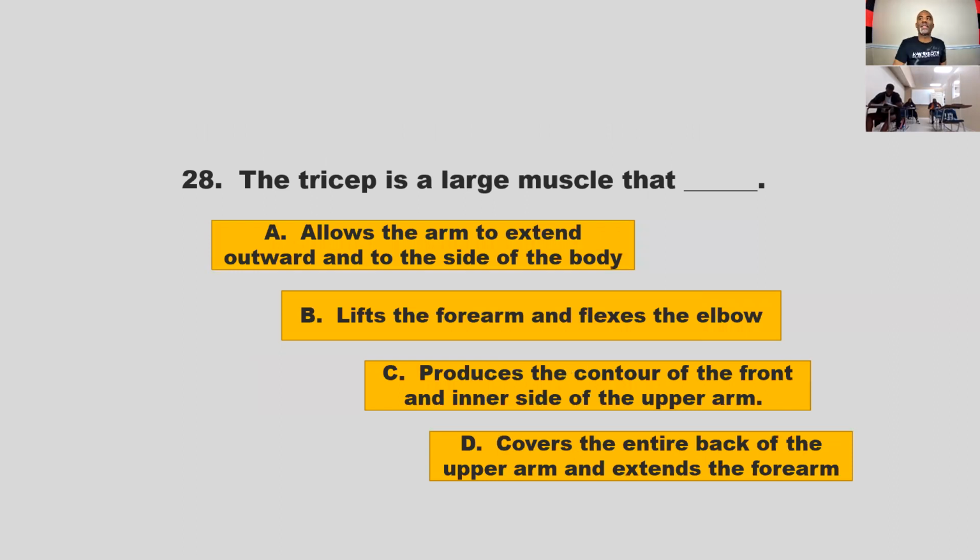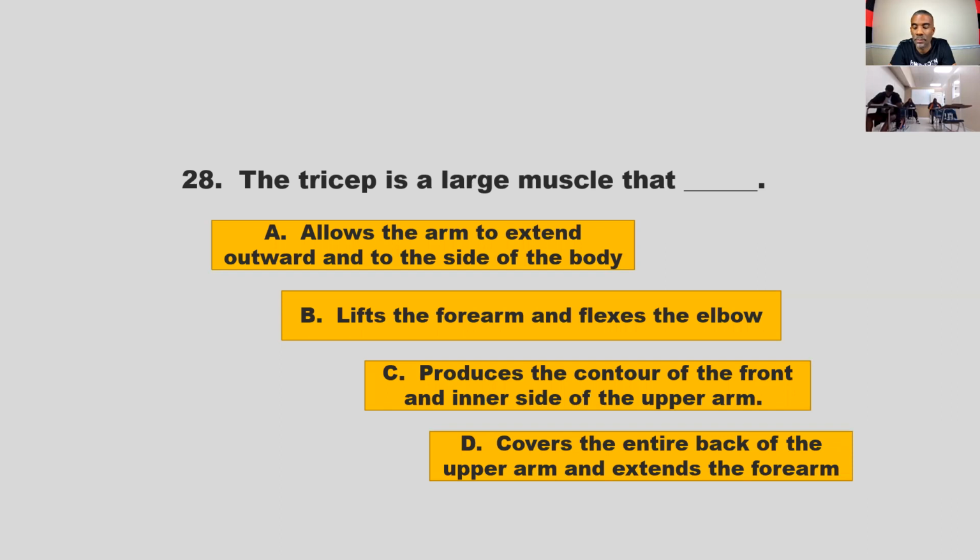The tricep is a large muscle that blank, because it allows the arm to extend outward and to the side of the body. Does it lift the forearm and flex the elbow? Does it produce the contour of the front and inner side of the upper arm? Or does it cover the entire back of the upper arm and extend the forearm?